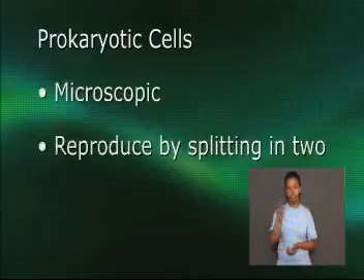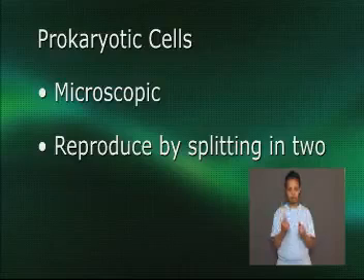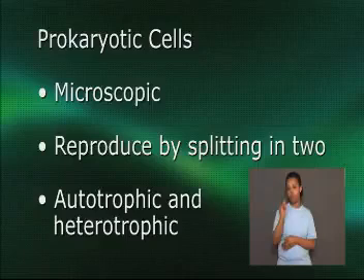Prokaryotic cells reproduce through binary fission. This means they split in two, which is asexual reproduction. Most are heterotrophic, which means they rely on other organisms to provide them with their food.